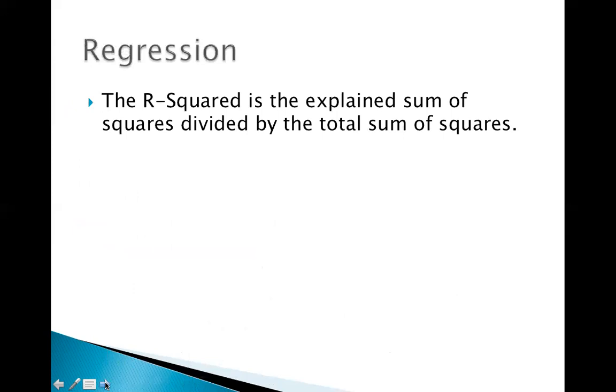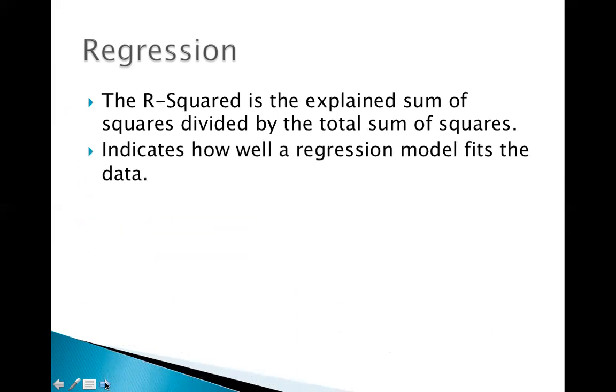A very useful statistic that I'm going to be speaking about quite a bit is the R squared. This is the explained sum of squares divided by the total sum of squares. It's not important that you know how to calculate the R squared, but basically just to have an understanding that, again, this is showing how well the data fits that line.